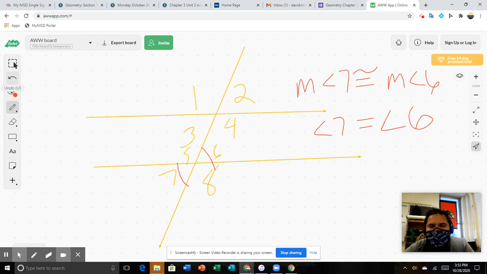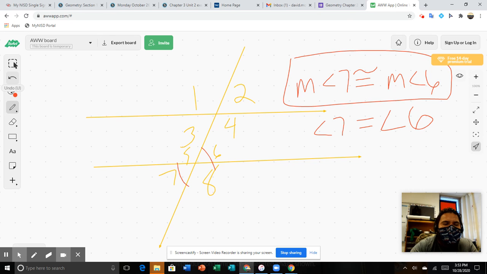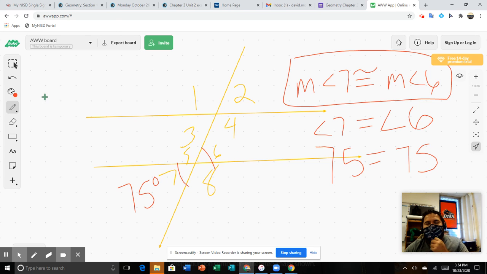If angle 7 was 75 degrees, then angle 6 is also 75 degrees, because the definition of congruency means equality. And that's what I want you to know about vertical angles.